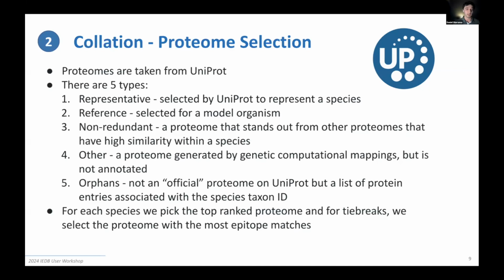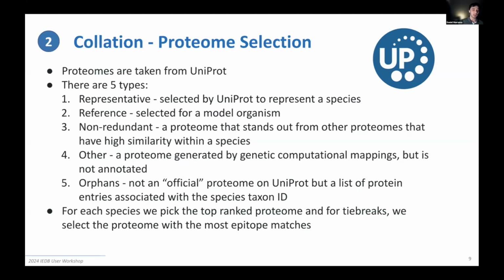For example, with E. coli bacteria, there might be many different strains of E. coli that are studied within a lab setting, and they're highly annotated proteomes. Those can be used as what they call a reference proteome. And so there might be many, and we might have to search all of them to see which one's the best one for our epitope data.